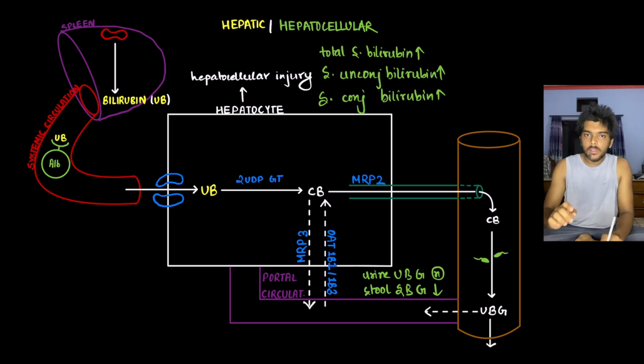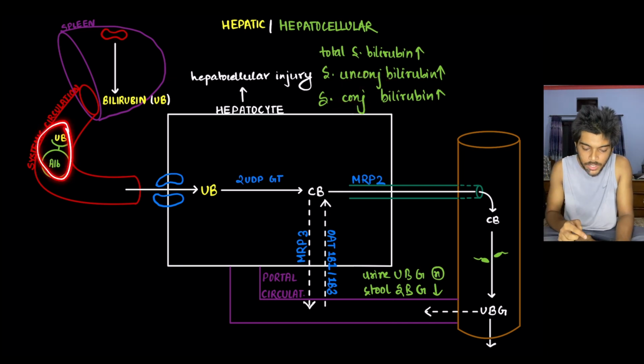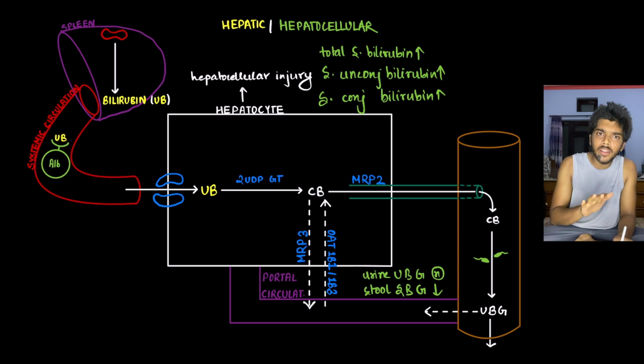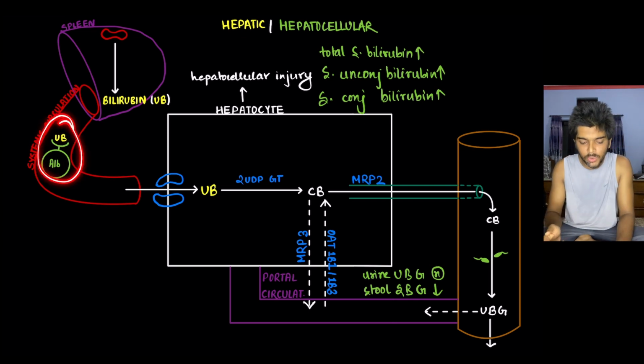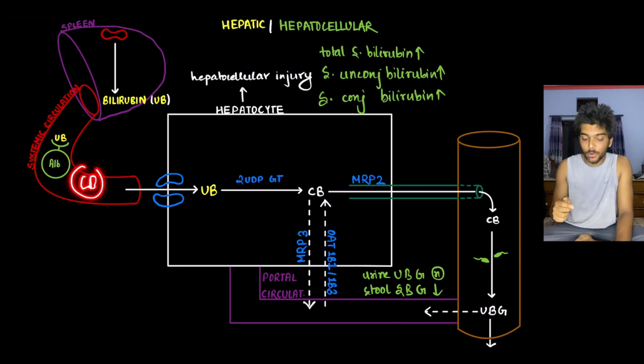Now, there is a rise in which bilirubin? Both unconjugated and conjugated bilirubin. Unconjugated bilirubin can't get filtered into the nephron, fine, because it is too large being bound with albumin. But conjugated bilirubin can be.